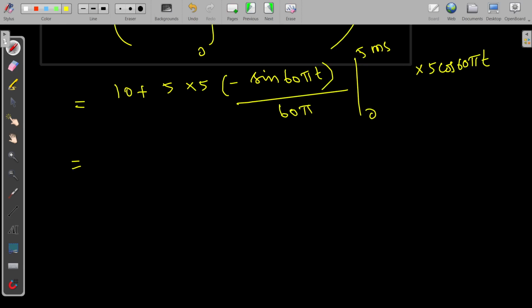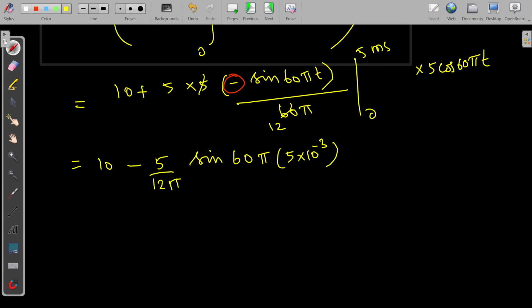So this is equal to 10 plus, in this I am going to divide, so I keep 5 by 12 pi times sine of 60 pi into t. When you apply the upper limit, it is 5 milliseconds, so 5 into 10 power minus 3.